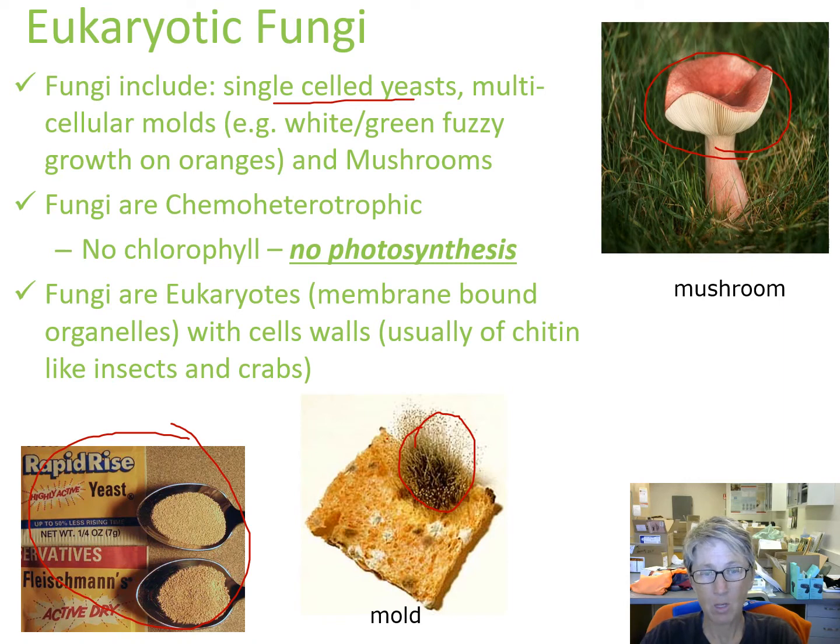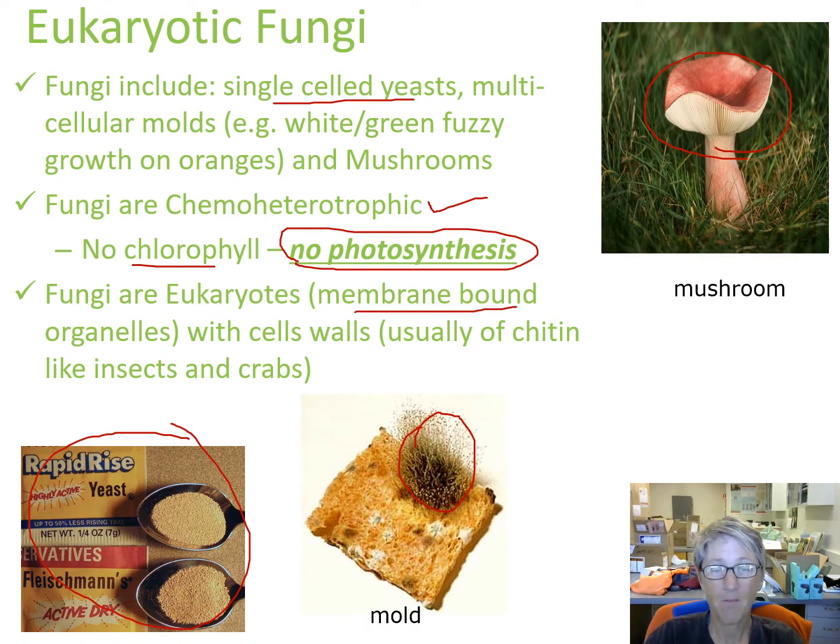And we said they were chemoheterotrophic. Fungi don't have chlorophyll, and they do not do photosynthesis like plants do, because plants have chlorophyll, for example. And algae as well do photosynthesis. So when we say fungi are eukaryotes, that means they have membrane-bound organelles. So they have that phospholipid bilayer membrane around the nucleus. They have it around their mitochondria.